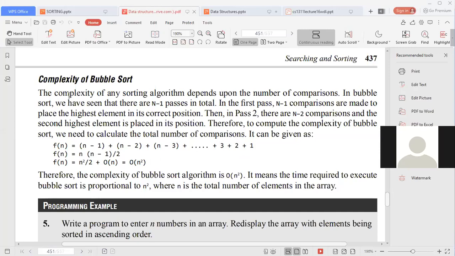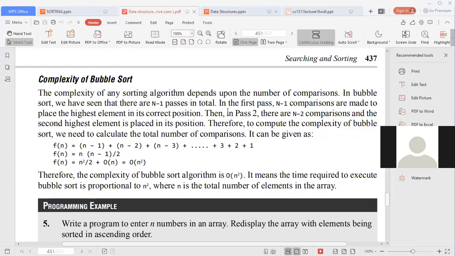Read this particular text. The complexity of any particular sorting algorithm depends upon the number of comparisons. In bubble sort, we have seen that there are n minus 1 passes in total, here 7 different passes because the n value is 8. In the first pass, n minus 1 comparisons are made to place the highest element in its correct position.